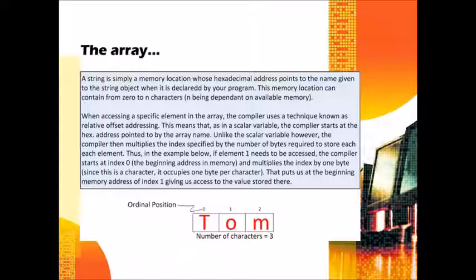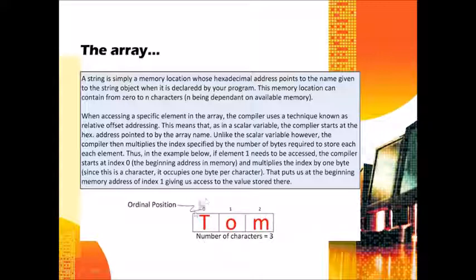It multiplies the index number by the number of bytes required to store each element. Well, a character occupies 1 byte in memory. If it were an integer, it'd be 4, but in this case, it's just 1. So you start here, multiply 1 by 1 byte, and then add that 1 byte to the starting address. That puts us here. If it were 2 bytes, you'd multiply 2 by a byte, and you wind up over here.